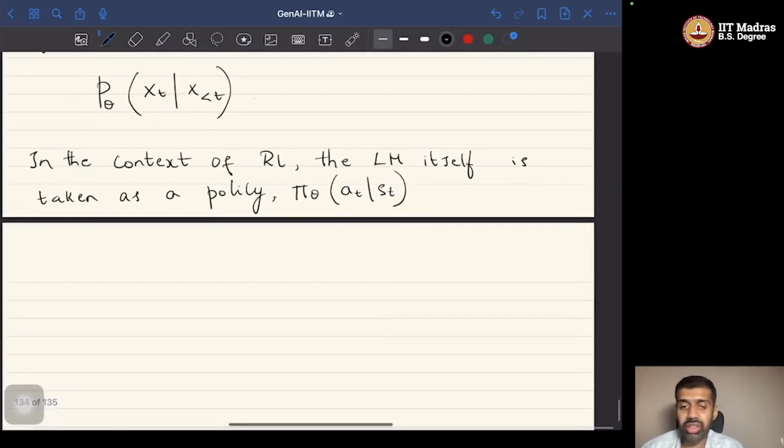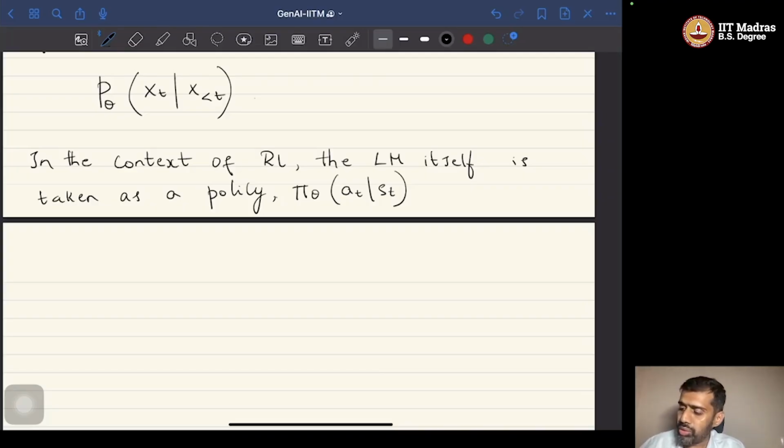And it makes sense because what we finally want to optimize is the language model, and in the RL framework what we are optimizing is the policy. Therefore it is natural and obvious to consider the language model itself as a policy.